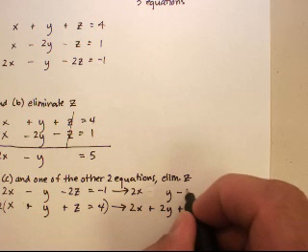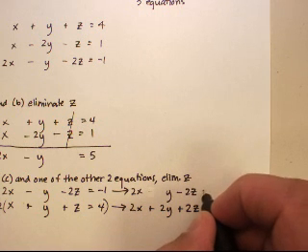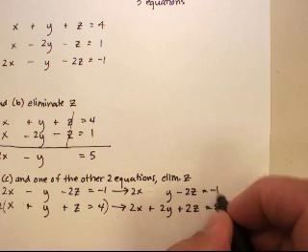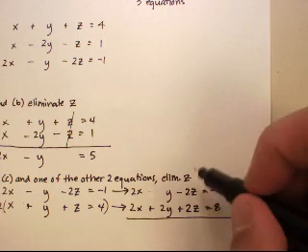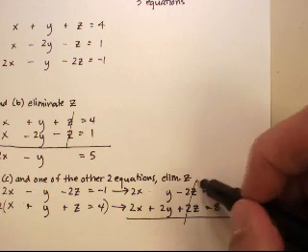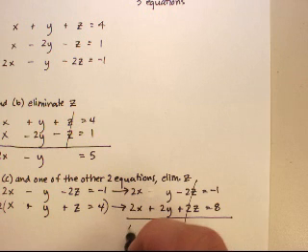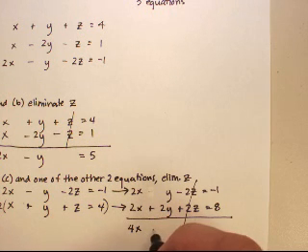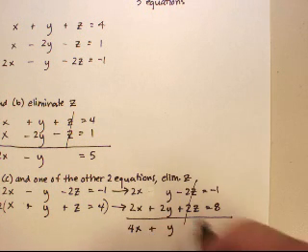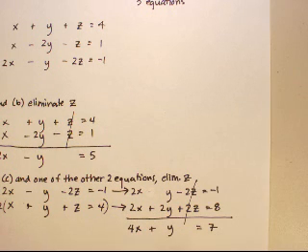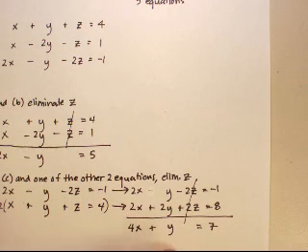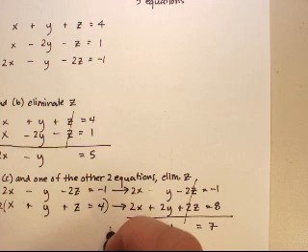And then minus 2z is equal to negative 1. I'm going to do the same thing in terms of elimination. I'm going to add these equations together. Those go away. And I end up with 4x plus y is equal to a positive 7. And so this new secondary equation, I'm going to call it E.